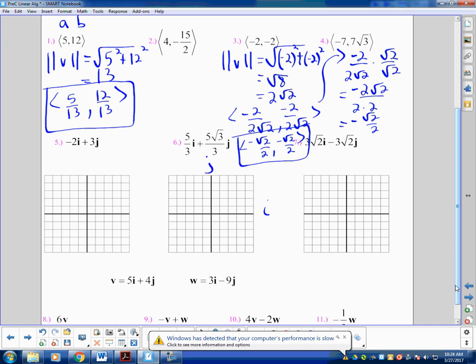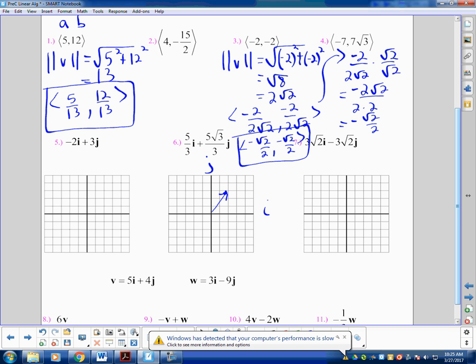About 1.7. So 5 times 1.7 is 8.5. 8.5 divided by 3, 2.8-ish. So just below 3 up. So I'm going to go about almost 2 over and almost 3 up, and just put a dot there.